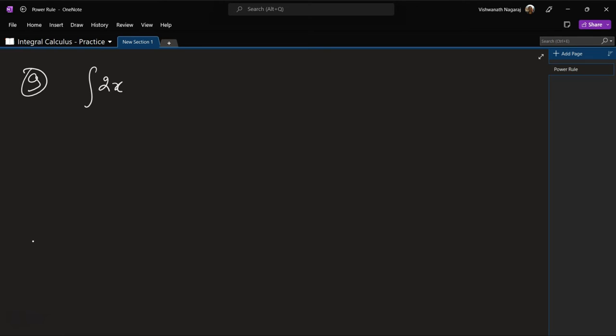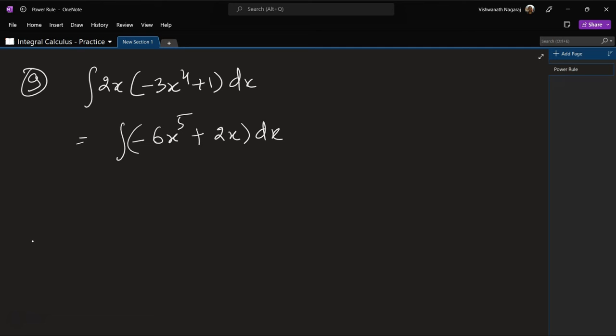Okay. Ninth one. Integral of 2x times minus 3x to the power of 4 plus 1 dx, which is equal to minus 6x to the power of 5 plus 2x dx. Let's split it up. Minus 6x to the power of 5 dx plus 2 integral of x dx.